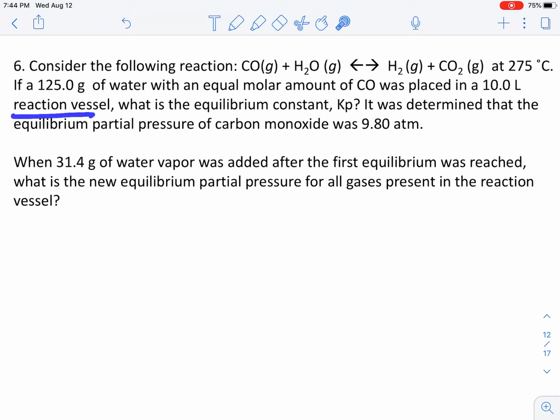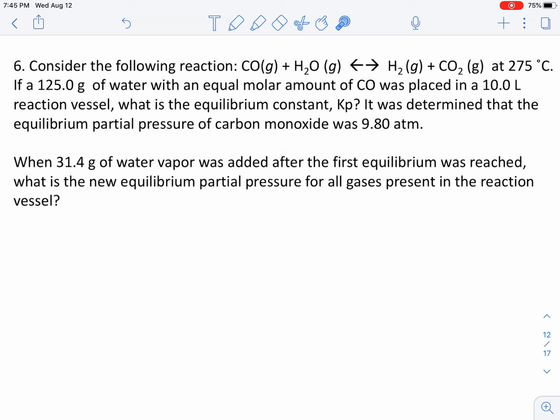So this is the volume of our reaction vessel. So based on all of this information, what is the equilibrium constant Kp value? And so it was determined that the equilibrium partial pressure of carbon monoxide is 9.80 atmospheres.